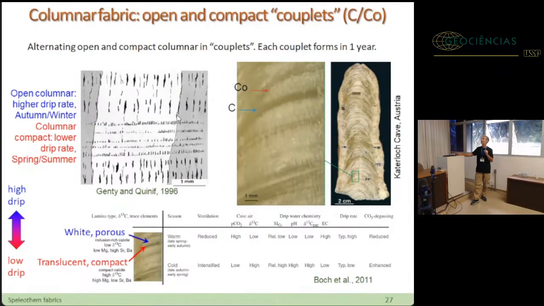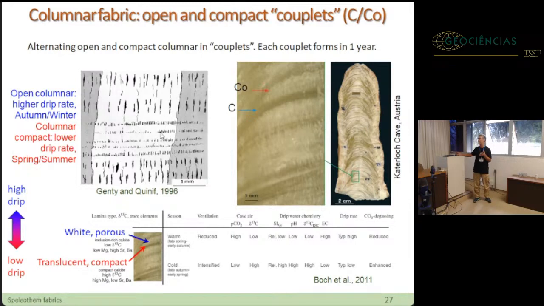And then we have the open columnar that corresponds to the higher drip rate, and of course we have all the intercrystalline porosity within the crystal or the subcrystal. So these are the mesocrystal, this extinction domain, but within the mesocrystal we have all the subcrystals with the open fabric.